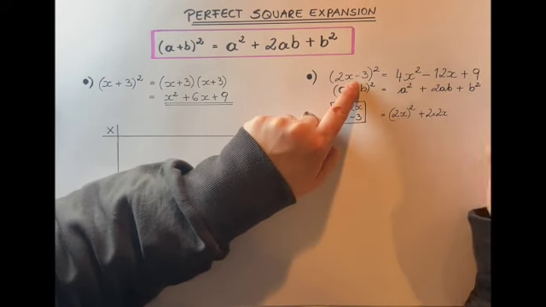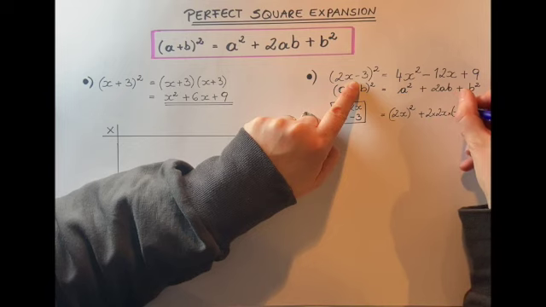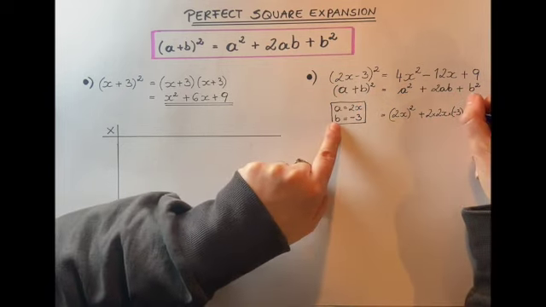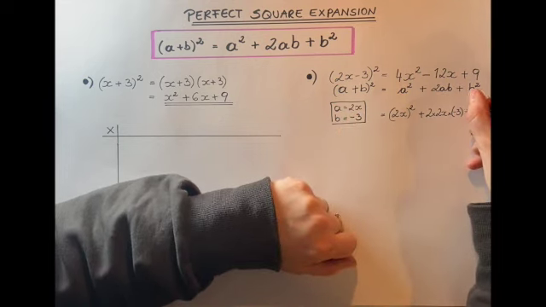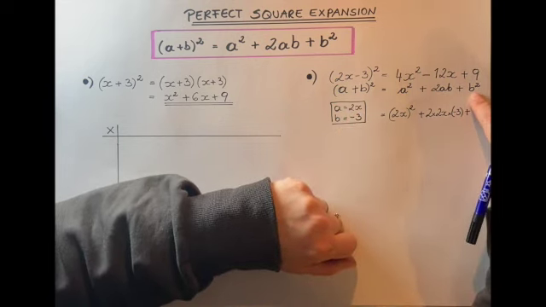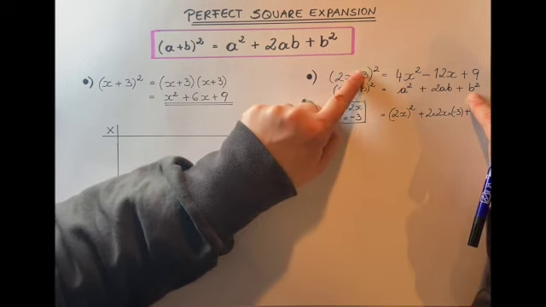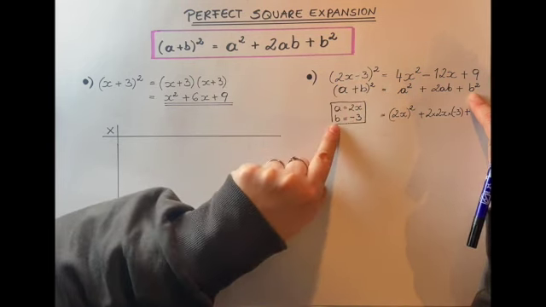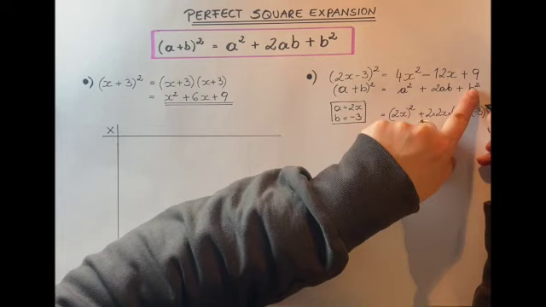B is the second term, so that's a negative 3. And finally, we have that b squared. The b is the second term in the bracket, negative 3. So negative 3 squared.